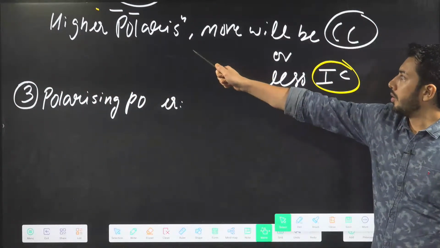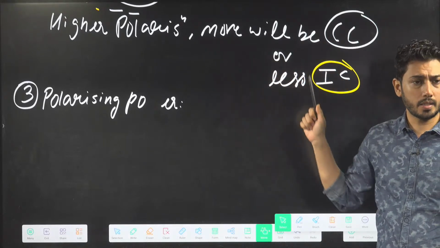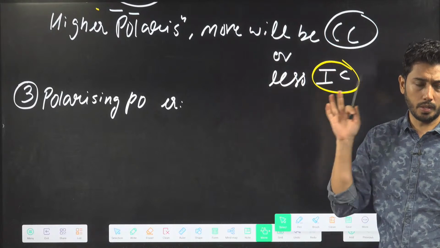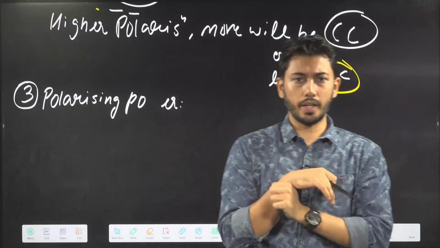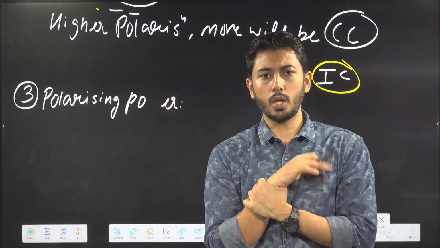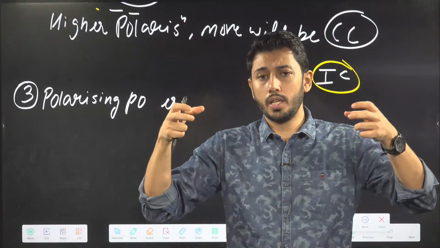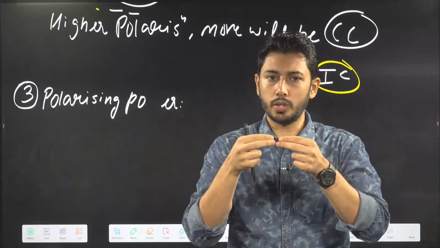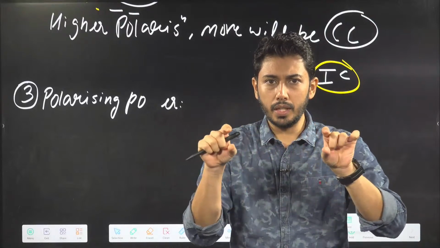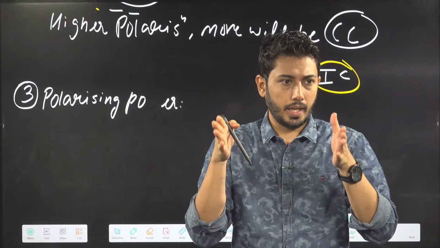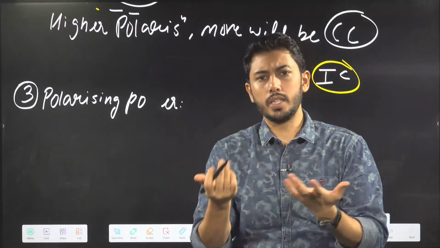Higher polarization means more covalent character or less ionic character in the ionic compound. Now, why is covalent character increasing due to distortion? You can understand very easily: covalent bonds are those in which electrons are mutually shared by both atoms. So electron density lies between the two atoms, and that is why it is a covalent bond.